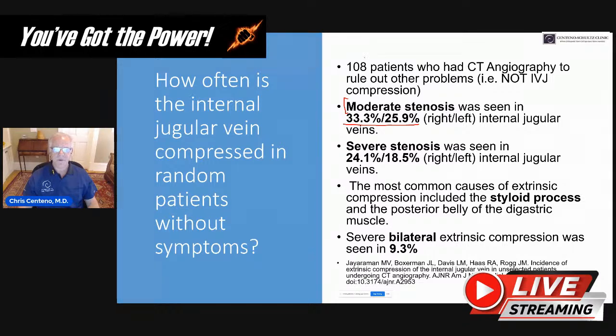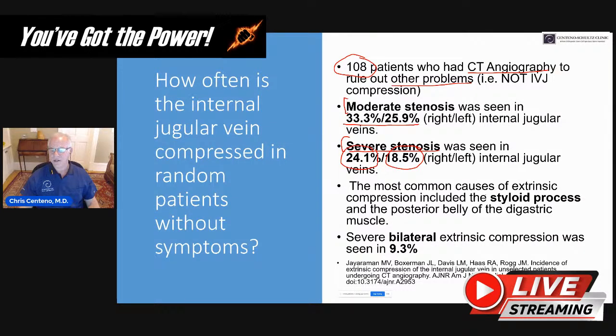And we're not talking about just a few patients. We're talking about 108 patients who had CT angiography to rule out other problems. So they clearly didn't have internal jugular vein compression. They were looking for things like a blocked carotid artery and the symptoms that go with that. Severe stenosis on one side, like she had on the other side, was found in about 1 in 4 patients on the right and about 1 in 5 normal patients on the left.